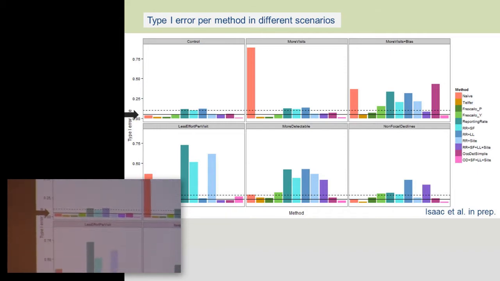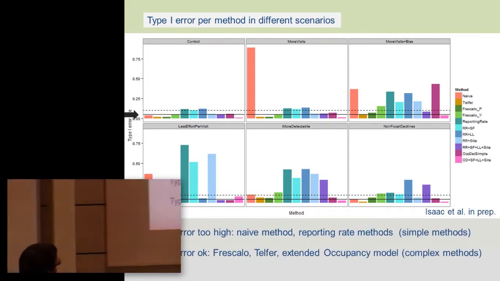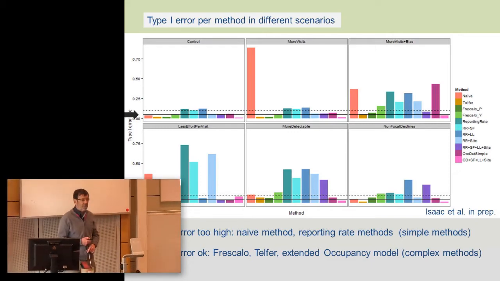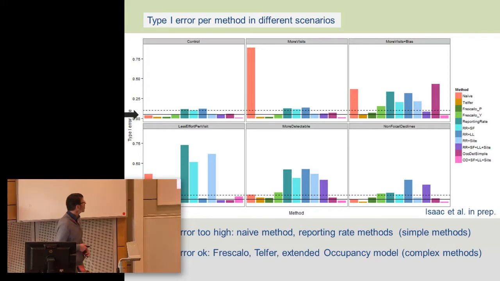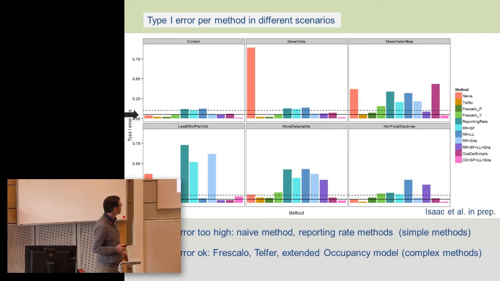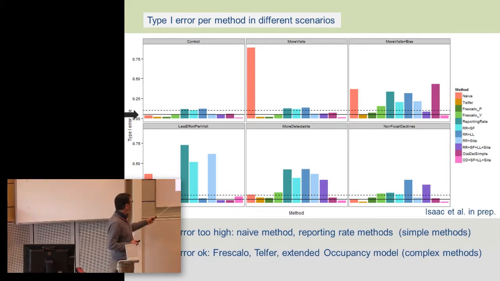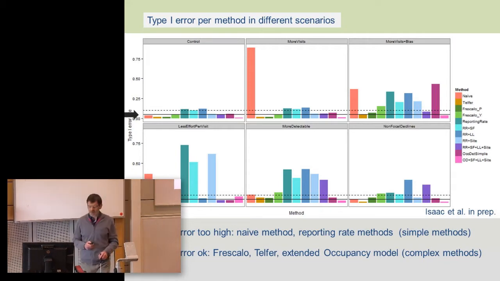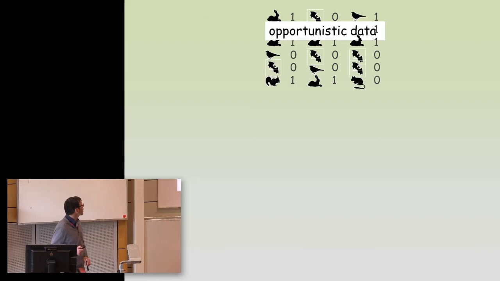I'm not going into the details of all these methods, but typically there are two groups. The naive methods and many of the more simple methods have too high type 1 errors. They have artificial trends. And there are some other, more complex methods, which behave much better.